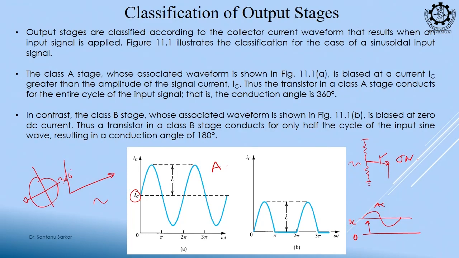Class B, the main transistor is on for half of the time. So, you need another transistor to work for the other half of the time. It will be like this, one transistor is operating at positive half and another transistor is operating at the negative half. That is why the terminology push pull amplifier.